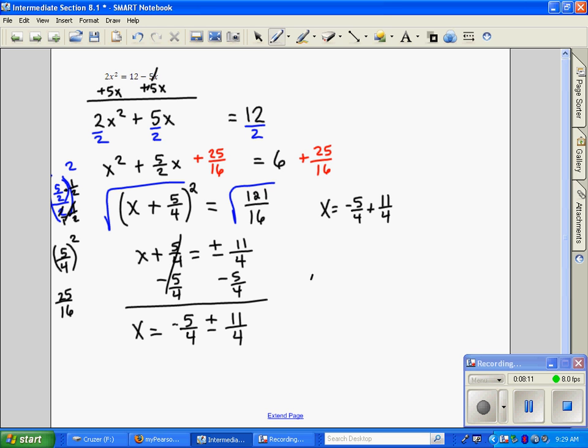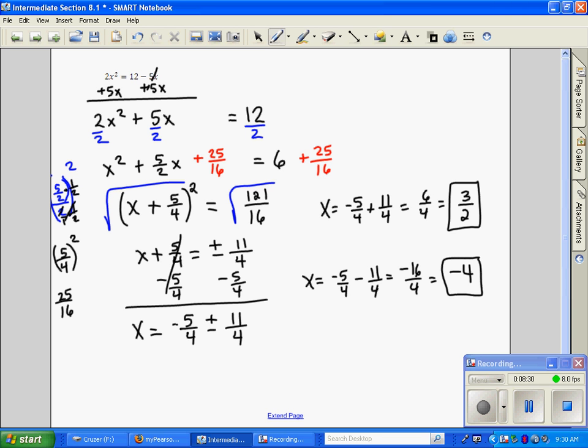And then my other one's going to be x equals negative 5 fourths minus 11 fourths. We simplify that, it's going to give me 6 fourths, which is 3 halves. This is one of my solutions. And this gives me negative 16 over 4, which is negative 4. So that's for solve by completing the square.